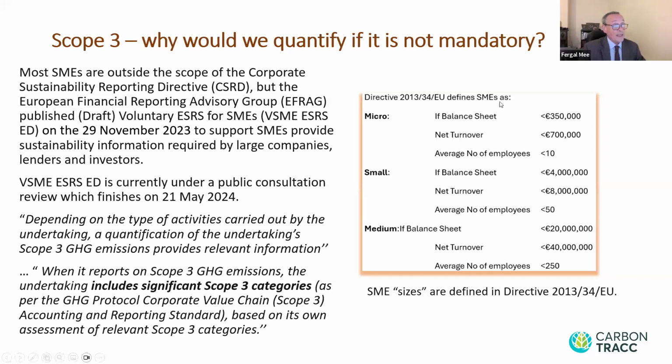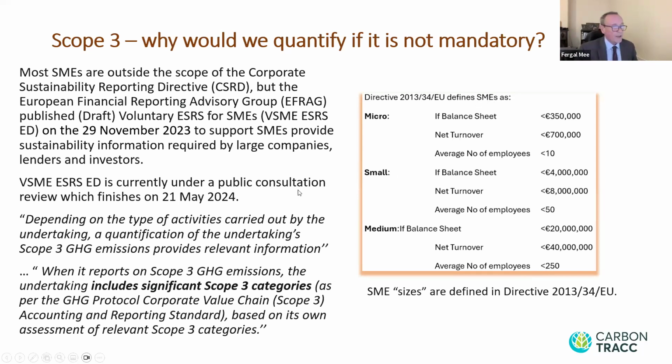And just as to what an SME is, well, Directive 2013/34/EU describes MSMEs, micro, small and medium enterprises, based on balance sheet, net turnover and number of employees. So a micro company, a small company, and a medium enterprise. So sometimes rather than SMEs, you see the acronym MSME.